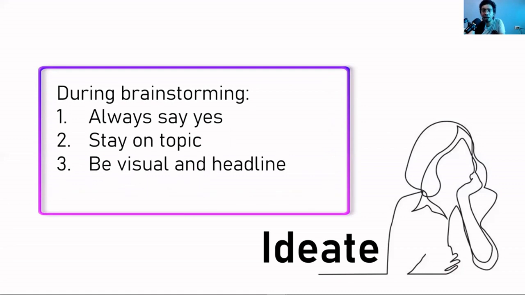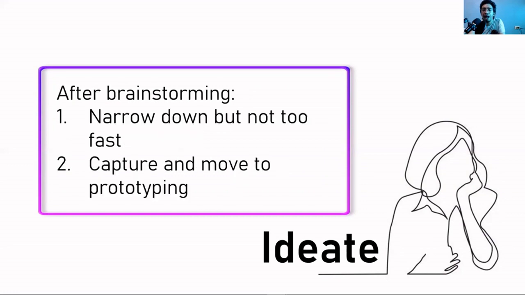To keep energy high and flowing, stay on topic, be visual and headline. And after brainstorming, narrow down but not too fast, and capture and move to prototyping. So those are some of the things that you need to follow before, during, and after brainstorming.